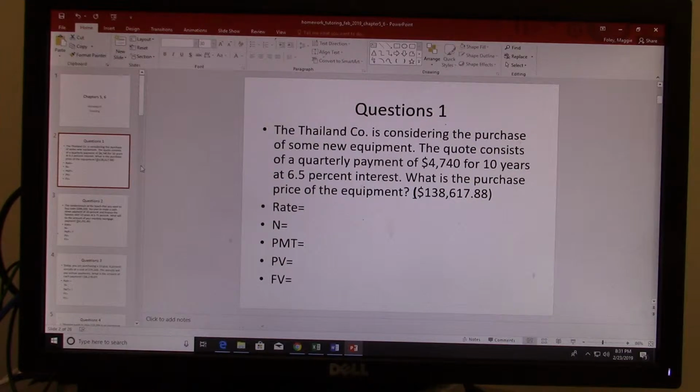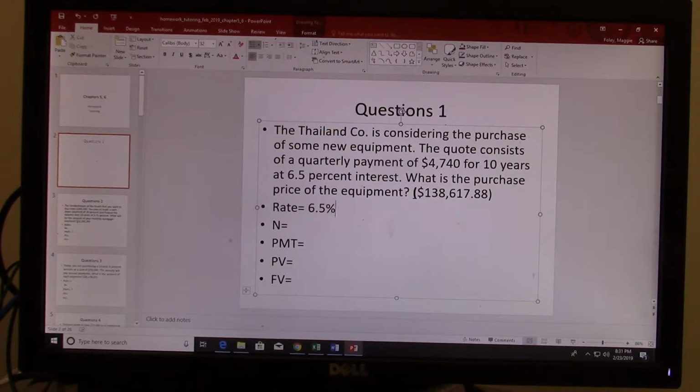So let me write down the inputs. Rate is 6.5% divided by 4. N is 10 multiplied by 4. Payment is 4,740. Quarterly payment. Present value is a question mark.